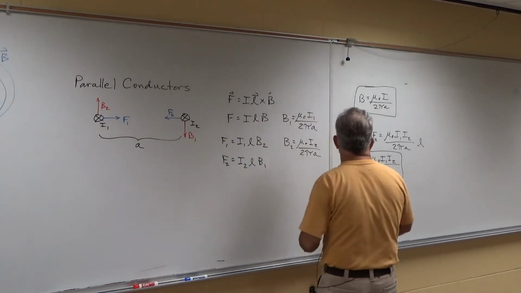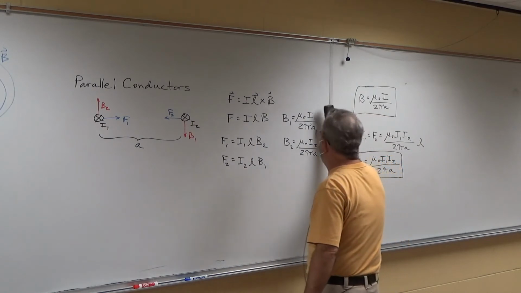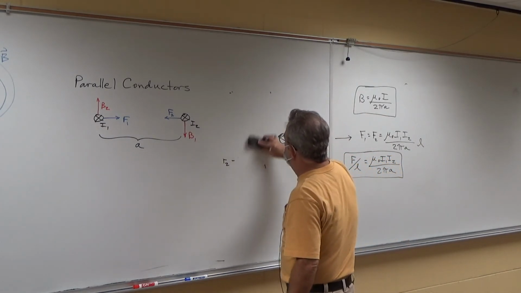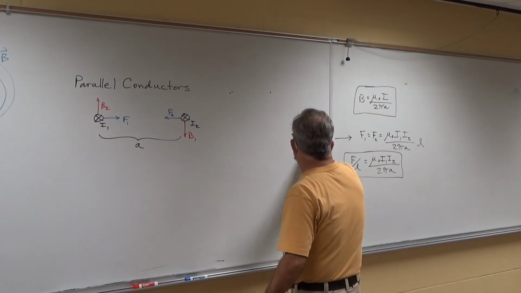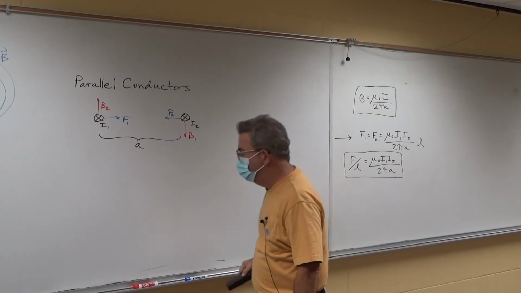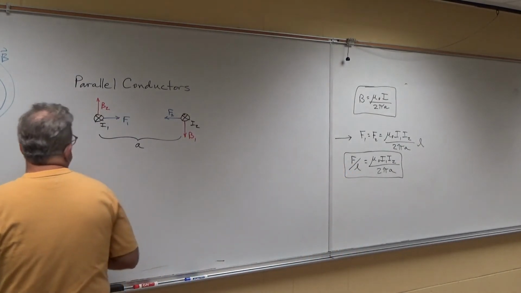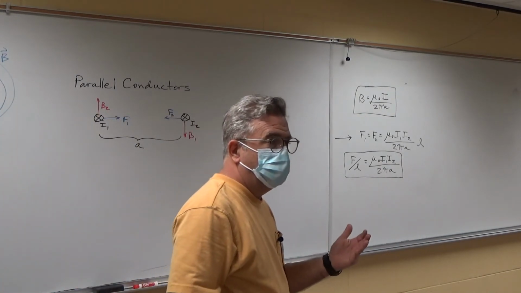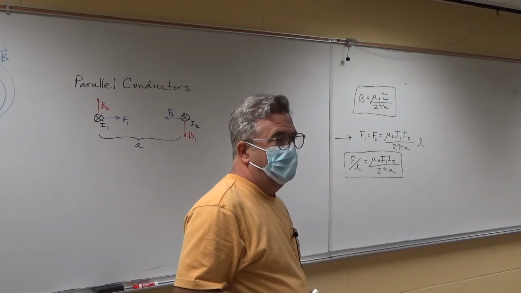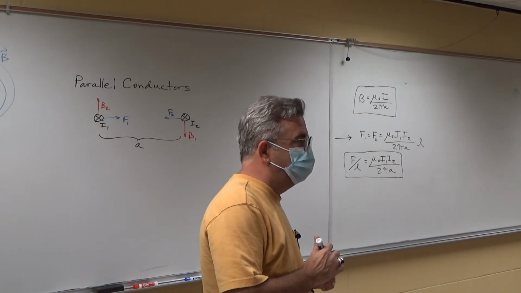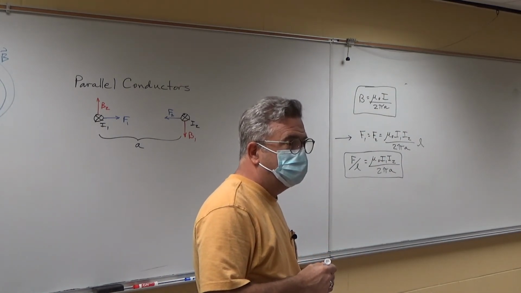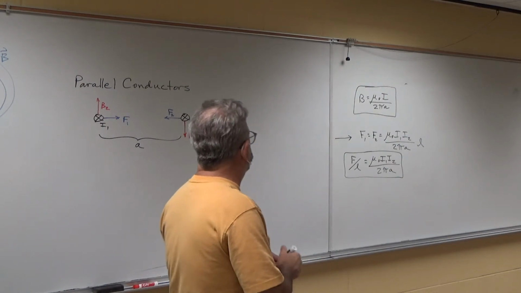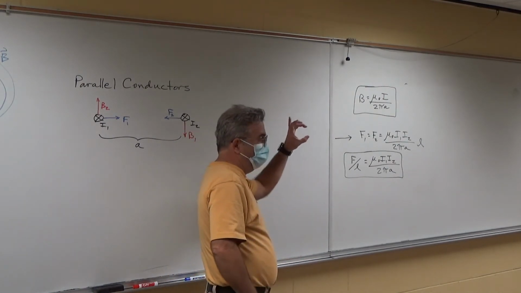Let's look at this magnitude. Oh, but before I do that, I mentioned that wires that carry current in the same direction attract. That's a really good thing, because high current wires, like wires that you would run from one place to another to carry a lot of current, are typically not one big fat wire.